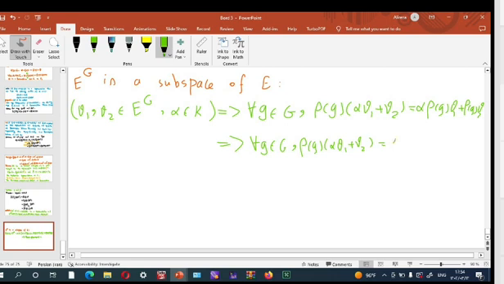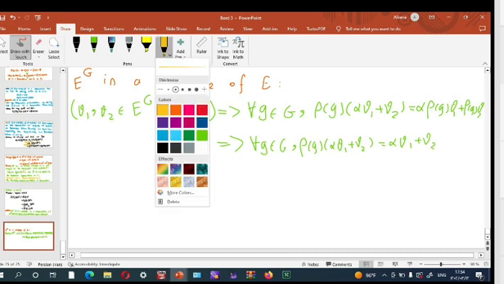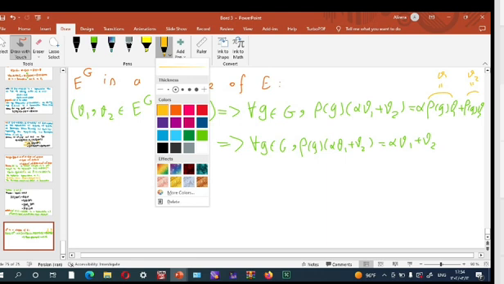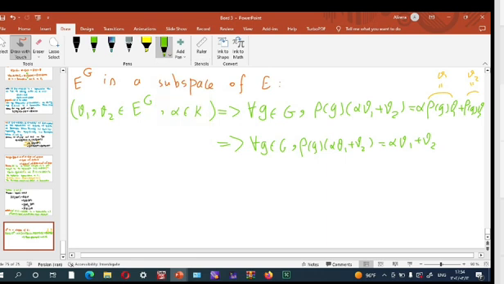This is equal to alpha V1 plus V2, because this is equal to V1 and this equal to V2. And this shows that alpha V1 plus V2 is an element of E^G. Okay.